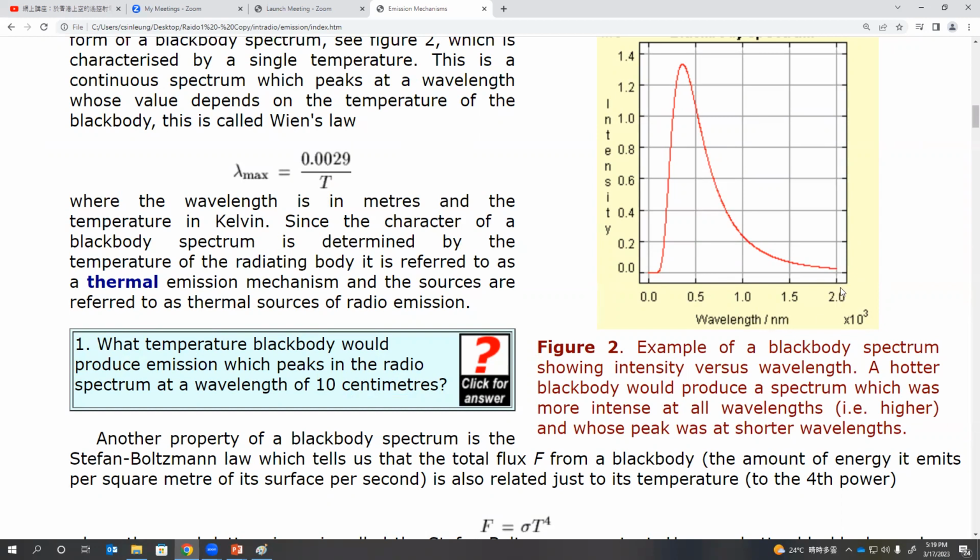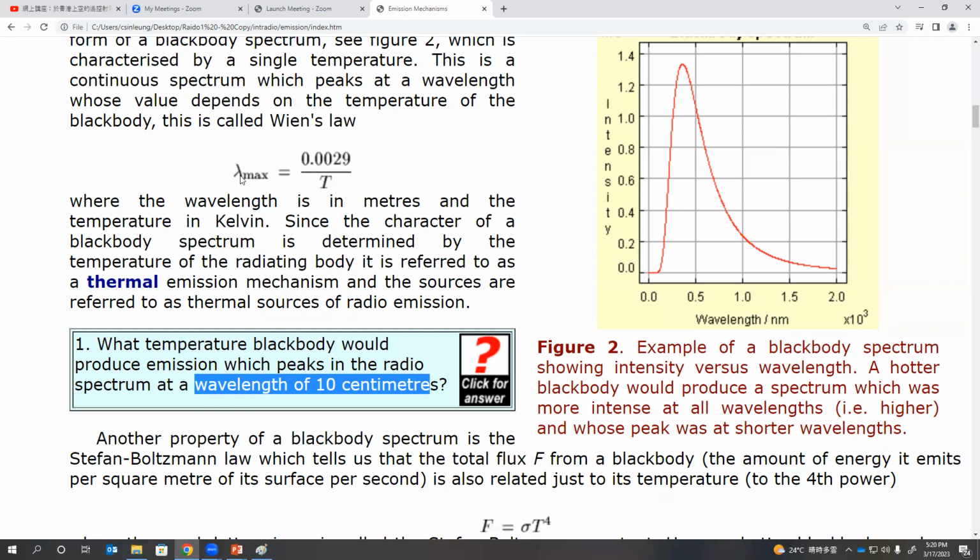So for example, here 2.0 times 10 to the power 3 means 2 times 10 to the power minus 6 meter, because nano, small letter n, corresponds to 10 to the power minus 9. If you come back to this question, it asks which peaks in the radio spectrum at a wavelength of 10 cm. So you can plug it into this simple equation or formula.